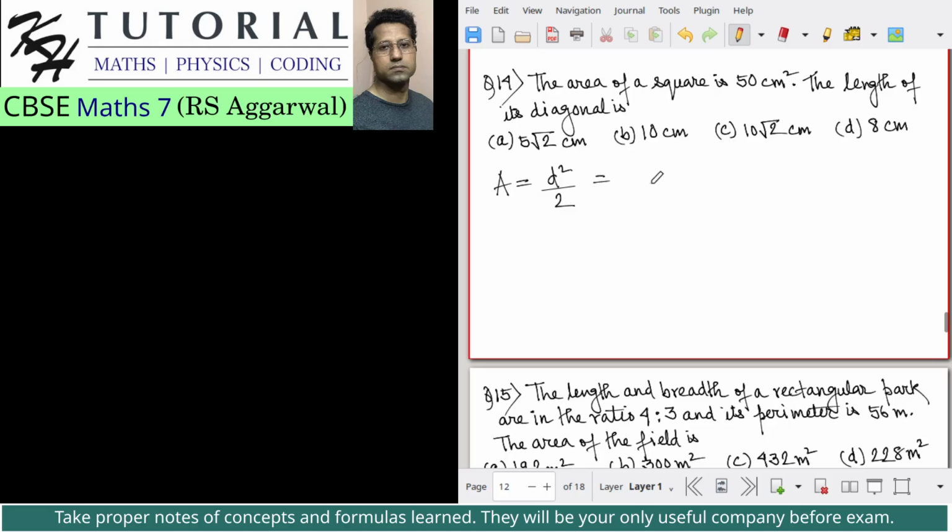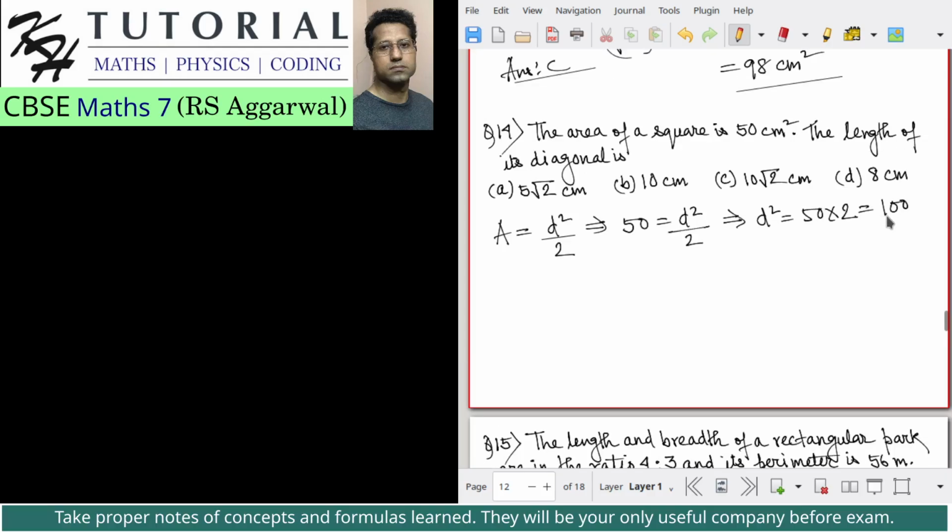Okay, so the diagonal is given to be, no, we are asked to find the diagonal, we are given area. Okay, so we have 50 is equal to d square by 2. This implies d square is equal to 50 multiplied by 2 equals to 100. Remember that I am not really solving the problem by mentioning the units.